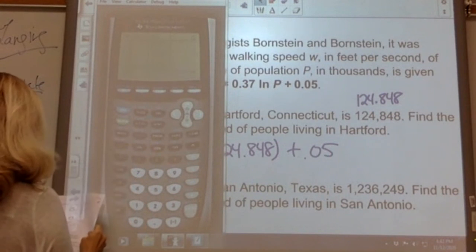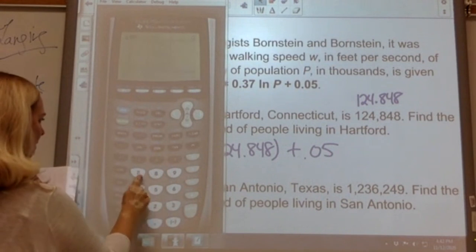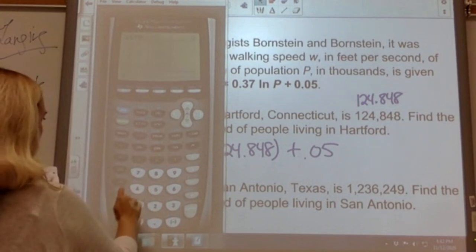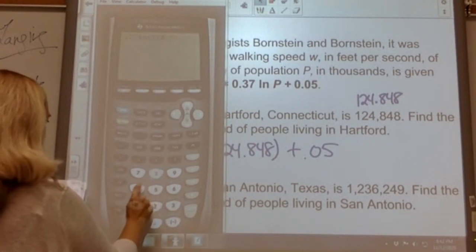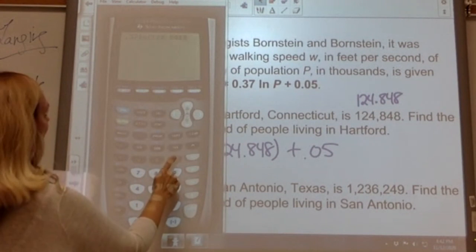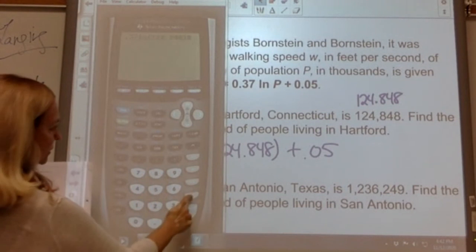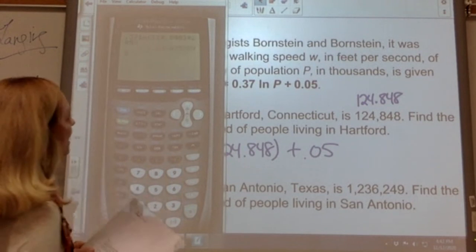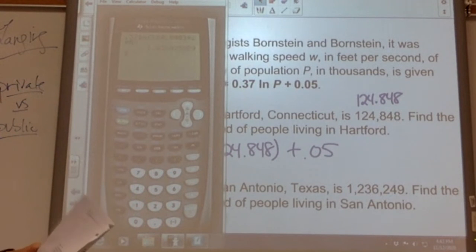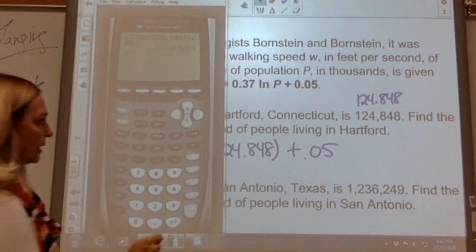And so I'm typing in 0.37 natural log of 124.848. And then I'm going to close my parentheses, plus 0.05, equals. And I get 1.836, blah, blah, blah. Okay?